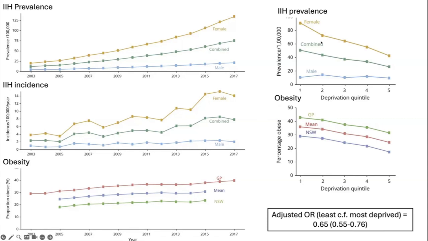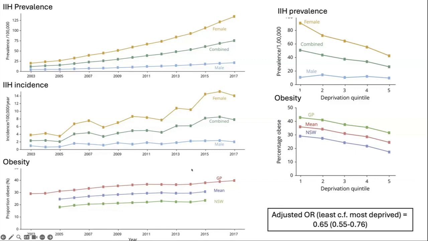We can also see on the top graph the prevalence of IIH by deprivation. You've got your WIMD quintiles, which we're familiar with, where one is the most deprived quintile. There are far higher proportions of IIH in the more deprived areas in women, but not in men. So there might be something that affects women more in deprived areas, which is quite interesting. You can also see the link between obesity and deprivation, more obesity in more deprived areas.